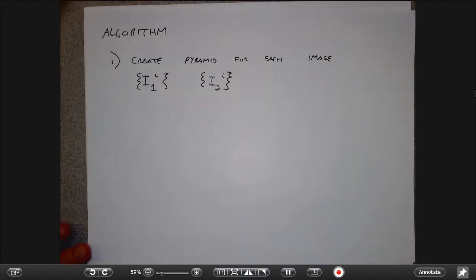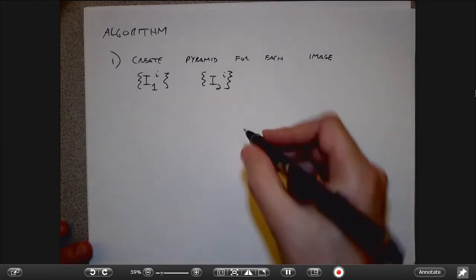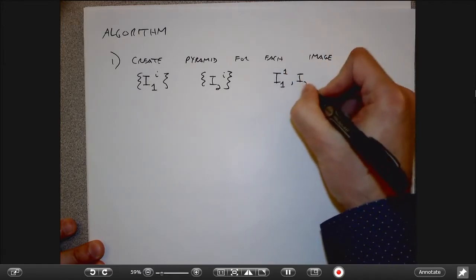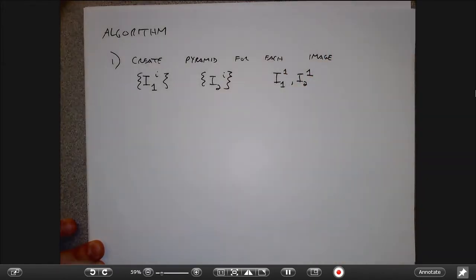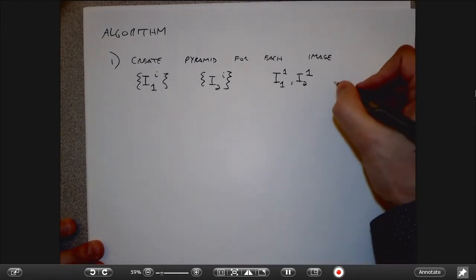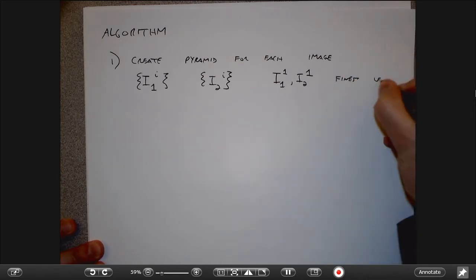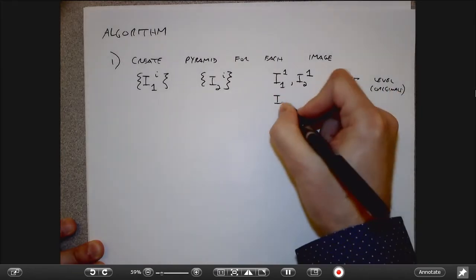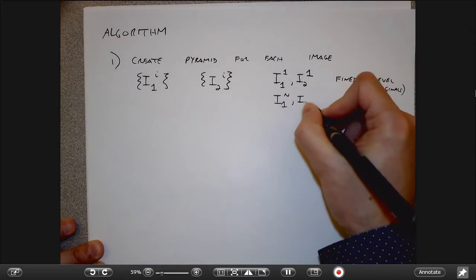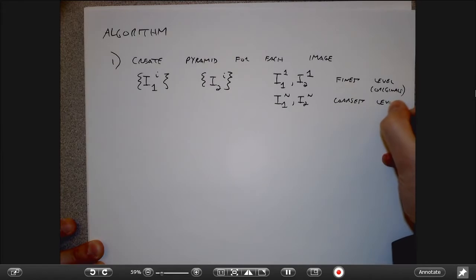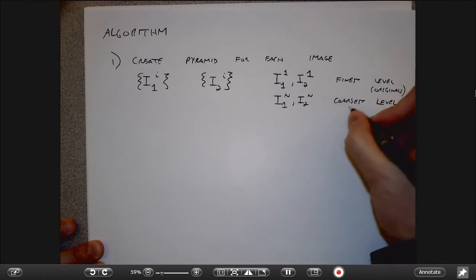And so the idea being that I1 sub 1 and I2 sub 1 are the finest level, like the original image, and I1 sub n and I2 sub n are the coarsest level. And these are going to be basically the blockiest images.